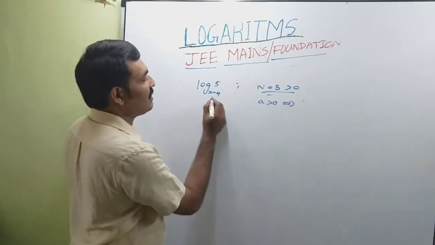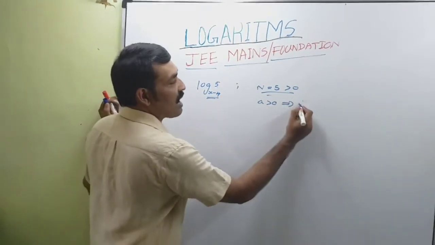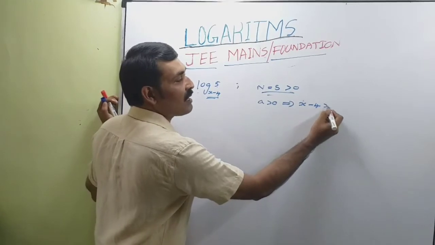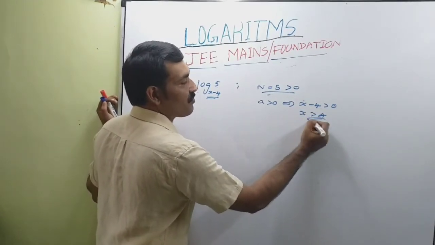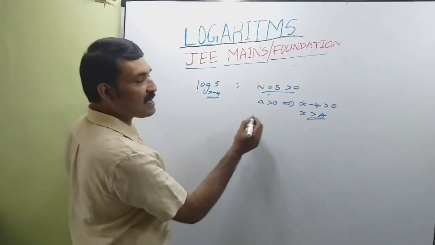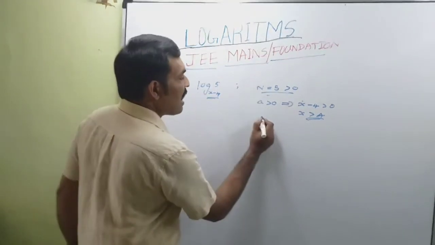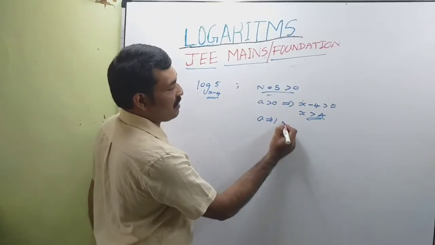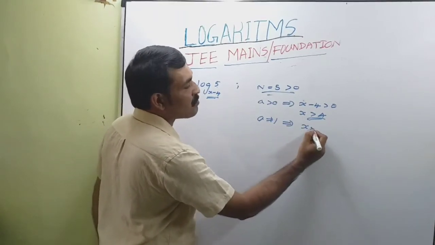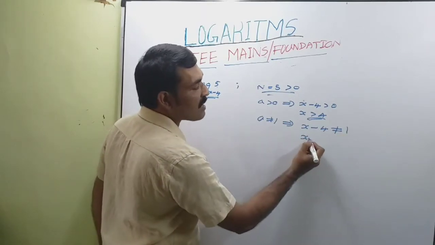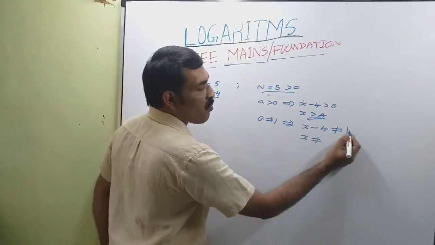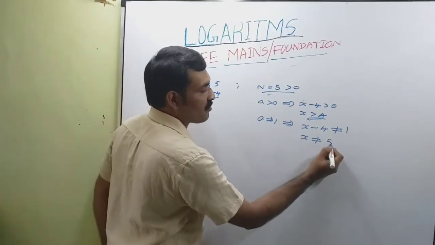That implies x minus 4 greater than 0 or x greater than 4. And the third condition is base not equal to 1. That means a not equal to 1. That implies x minus 4 not equal to 1 or x not equal to 1 plus 4, 5.